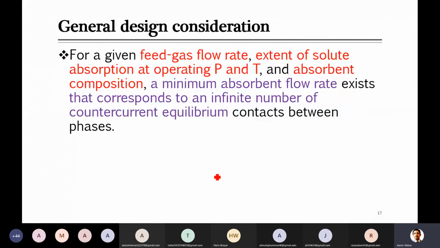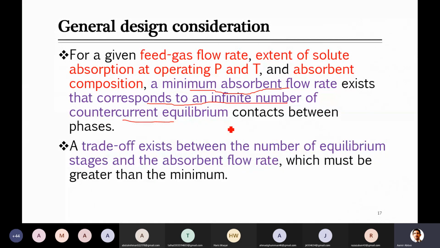For any given gas feed flow rate, extent of solute absorption, temperature and pressure, and absorbent composition, if you know all these parameters, then you will start the calculation in the next lecture. We always calculate the minimum absorbent flow rate, and at that minimum absorbent flow rate, which is required to meet the requirements for the given condition, we need an infinite number of countercurrent equilibrium contacts between the phases. When the flow rate is minimum, you will need an infinite number of trays or stages inside the packed column.